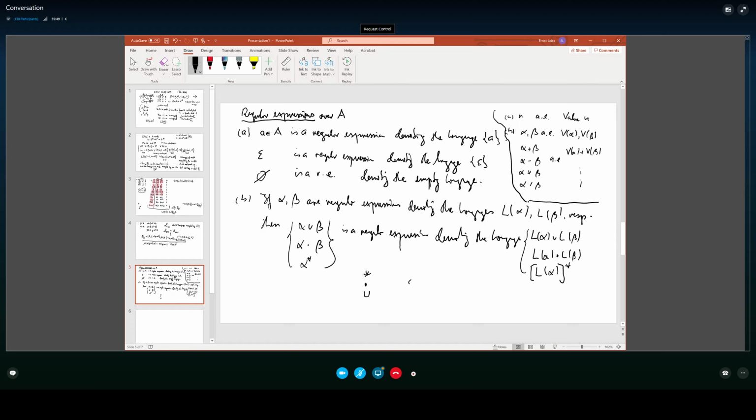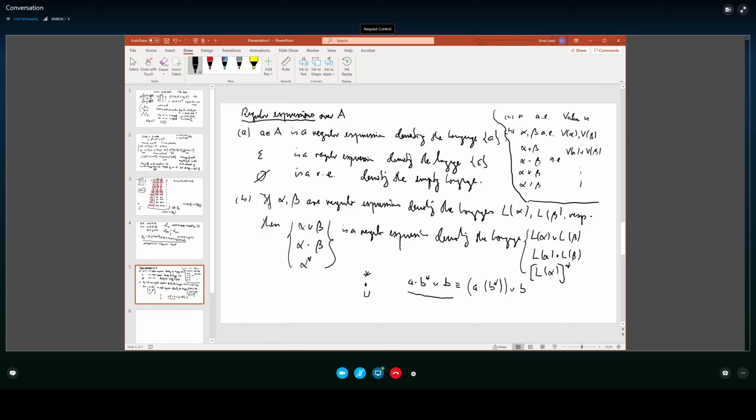So if I have A concatenated with B star union B, then that is essentially the same thing as saying I do A concatenated with B star, and then that union B. Obviously, this is more user-friendly than that other one with 4 parentheses sprinkled over the expression, but it is essentially the same.